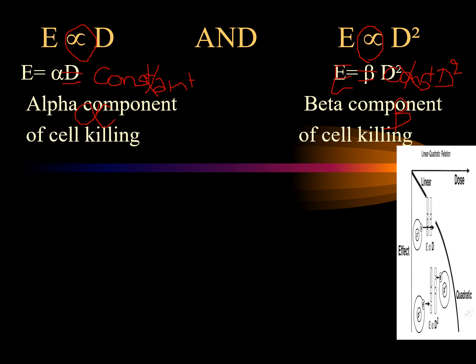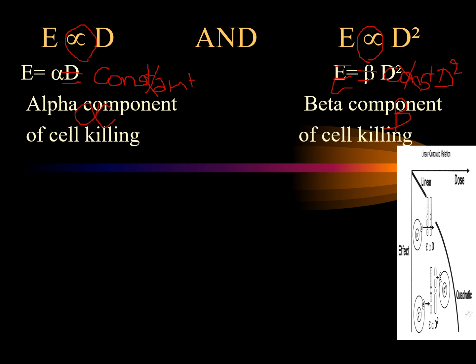And imagine with me that this straight part of the curve is the alpha component of cell killing, or the cell death in this part of your arm is a direct proportion. The effect of radiation is in direct proportion to the dose in this first part of your arm, or for you the curve.